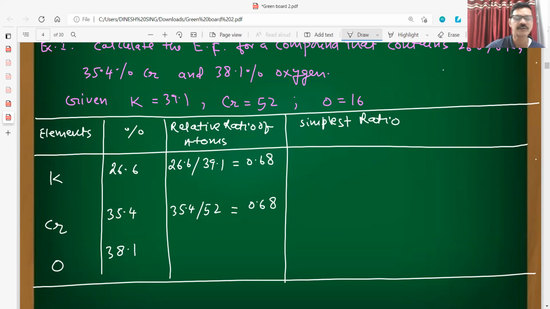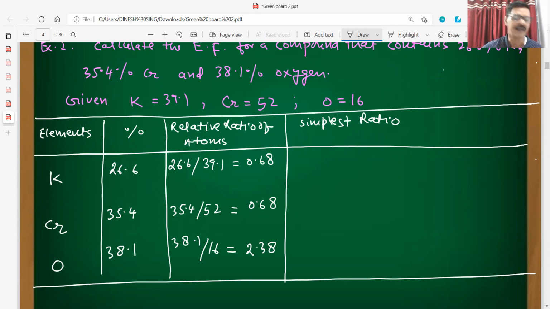And 38.1 divided by 16 is coming to be 2.38. So this is the relative ratio or simple ratio.